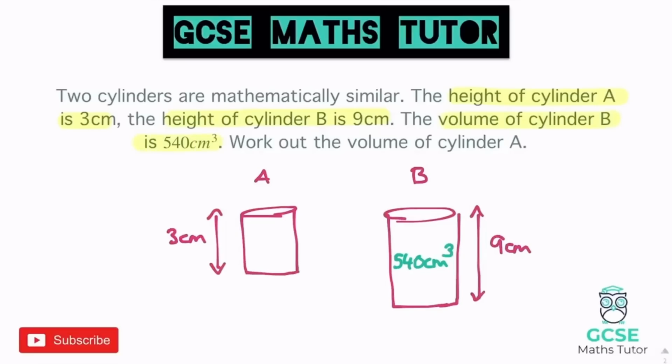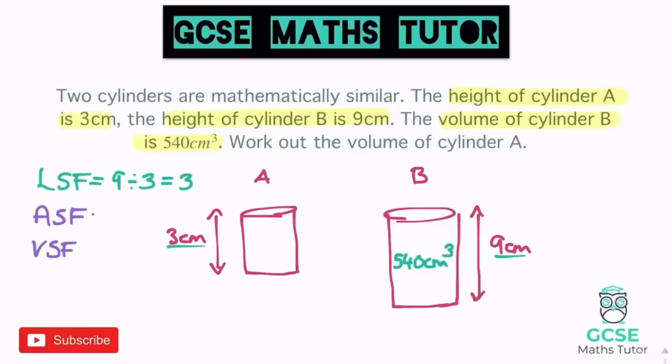So again, we just need to work out what our scale factor is. Now we've got 3 and 9 there being the heights, so I can work out my length scale factor by doing 9 divided by 3. Again, the bigger one divided by the smaller one, and 9 divided by 3 is 3. Now in this case, I'm going to be thinking about, do I want my area scale factor or do I want my volume scale factor?